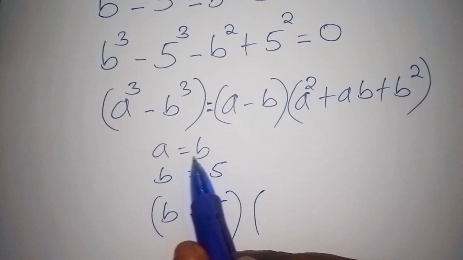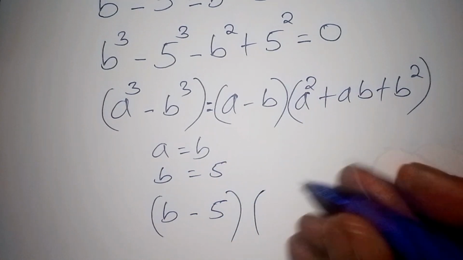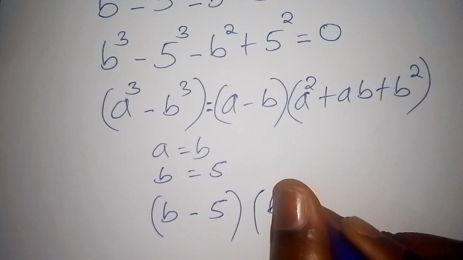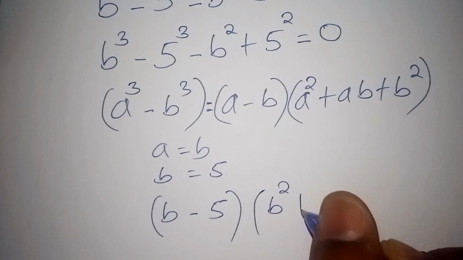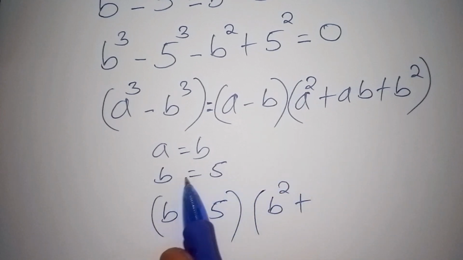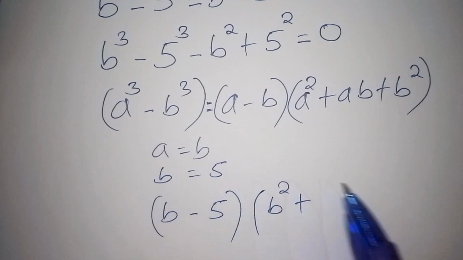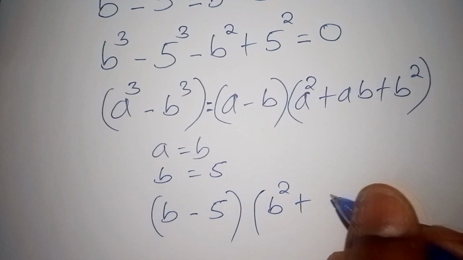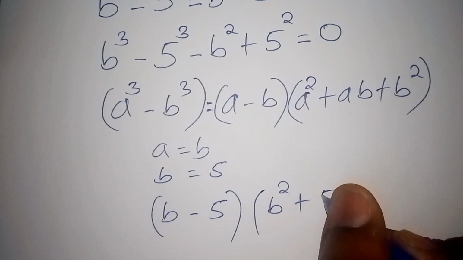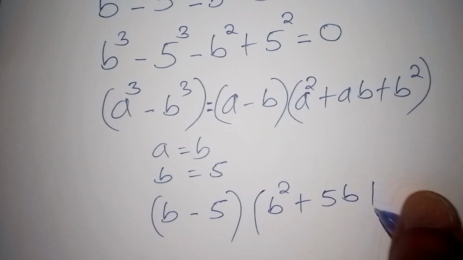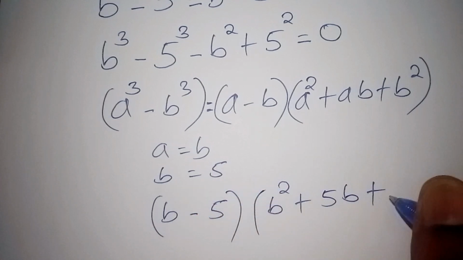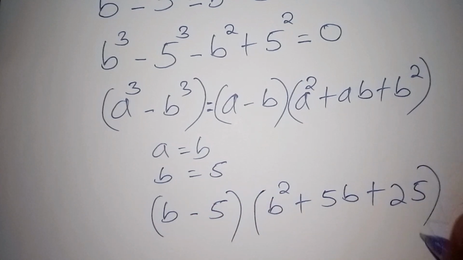Our a was b, so we shall have b squared, then plus ab. ab is b multiplied by 5, and that is 5b. Then plus b squared, that is 25.